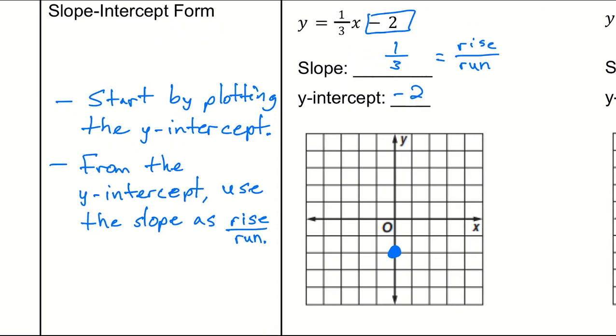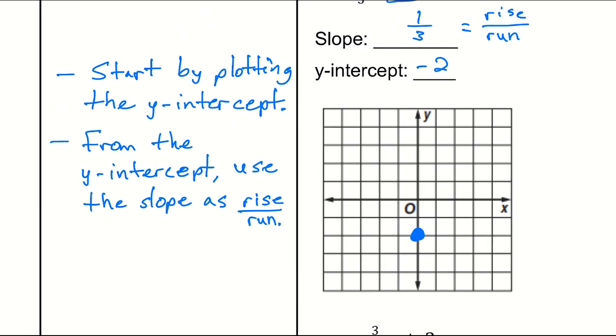Okay? Here's what I mean by that. Now, you don't typically have to drag, but I'm going to drag this just to show you visually. My rise in this one is 1, so I'll go up 1. And then my run is 3, so I'll go right 1, 2, 3. So my next point that I have is right there.